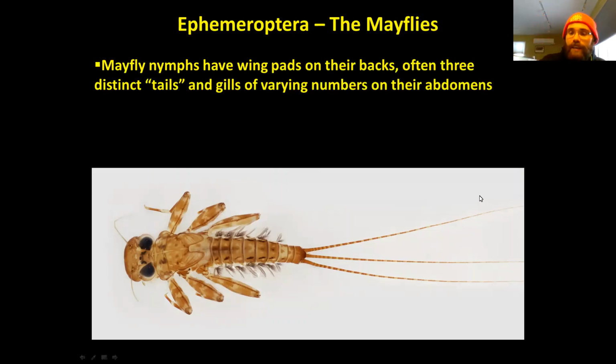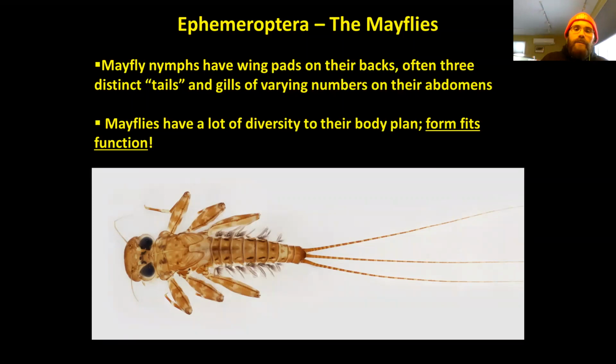And it's a good way to tell, hey, is there a predator that's behind me? Some of them will also whip them up into the air and face them towards predators as if they were a scorpion. And then they also have gills of varying numbers that are on their abdomen, right here. Some can be feathery in shape, others just look like big circles.